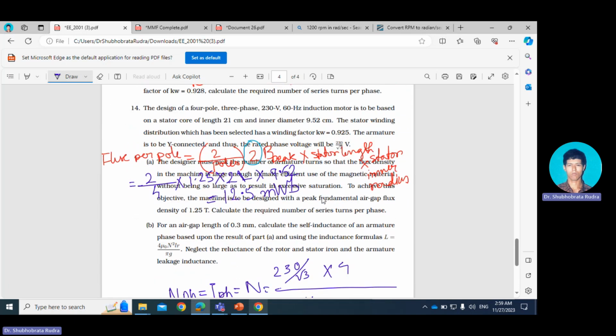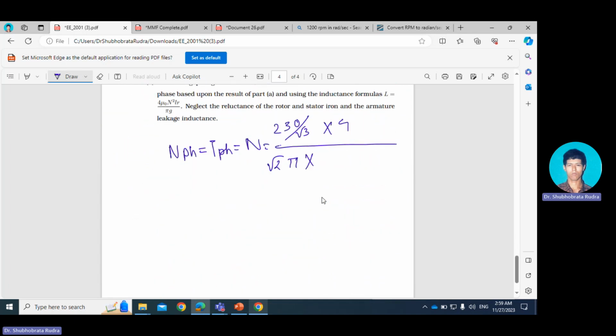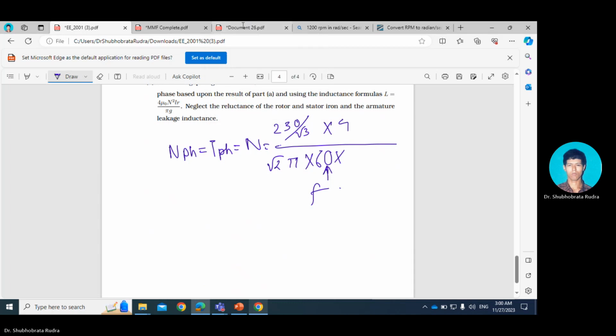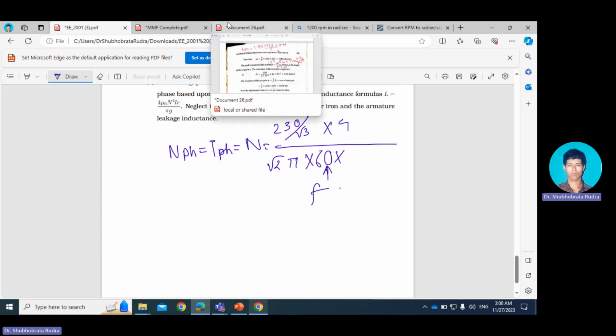The frequency 60 Hertz. So 60 Hertz frequency, then the winding factor, and then the flux.